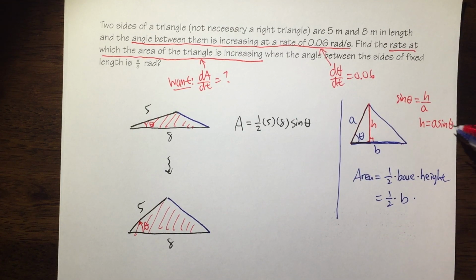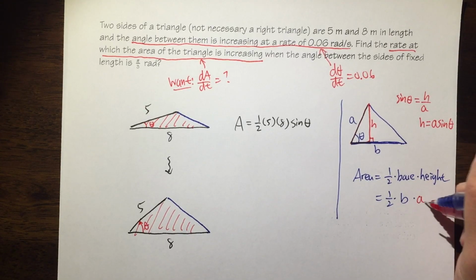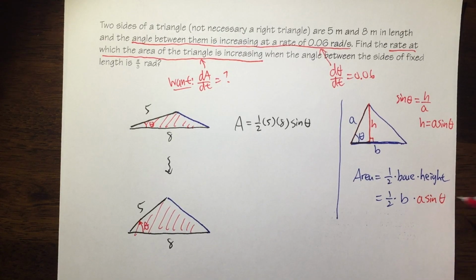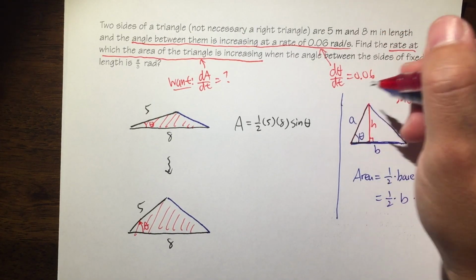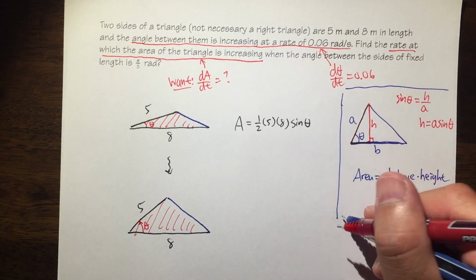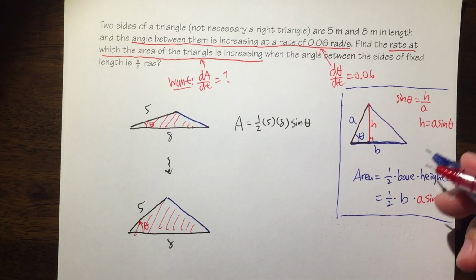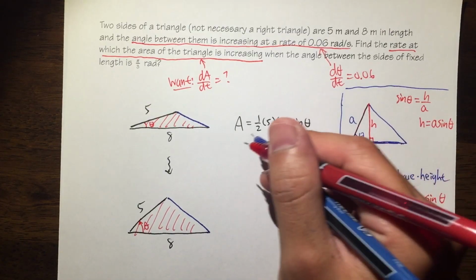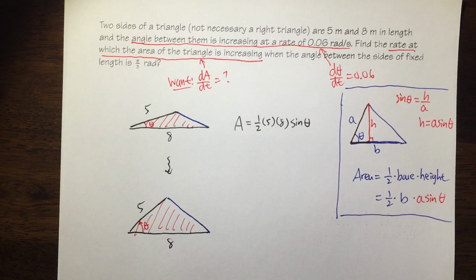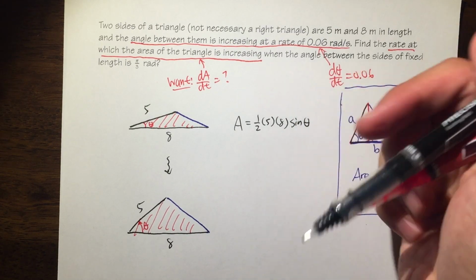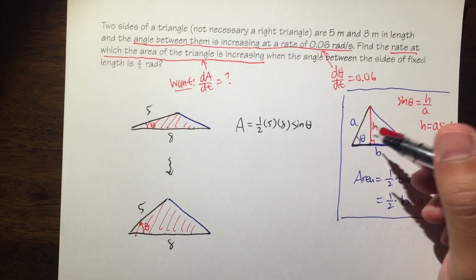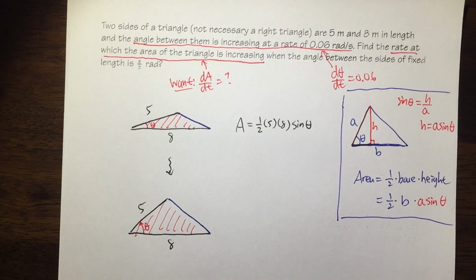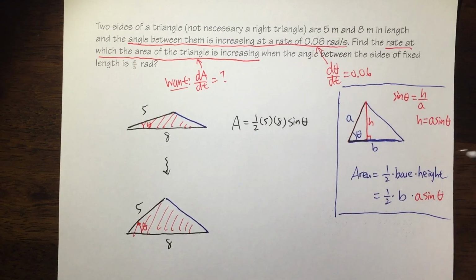That's pretty much the height. I can just put that down right here: the height is just A times sine theta. And then with that, we are done. That's how we can find the area of a triangle when we have two given sides and the angle in between them, and that's exactly what I did right here. Sometimes if you remember this formula, you can just use it right away. If not, you can take some time to think about how you can construct the formula.